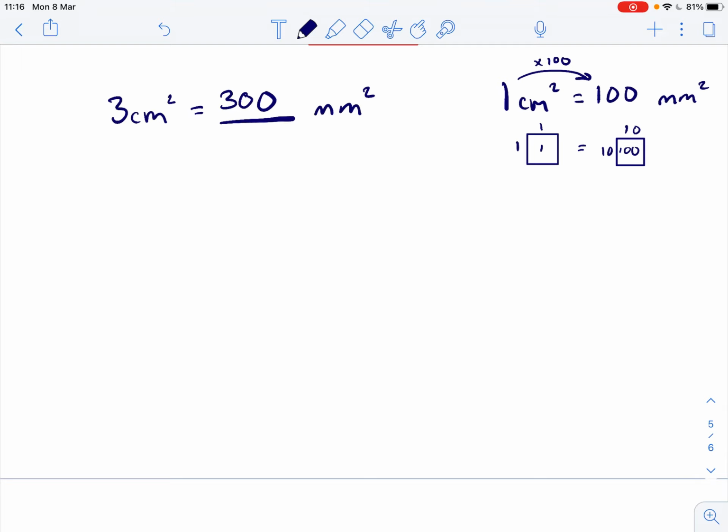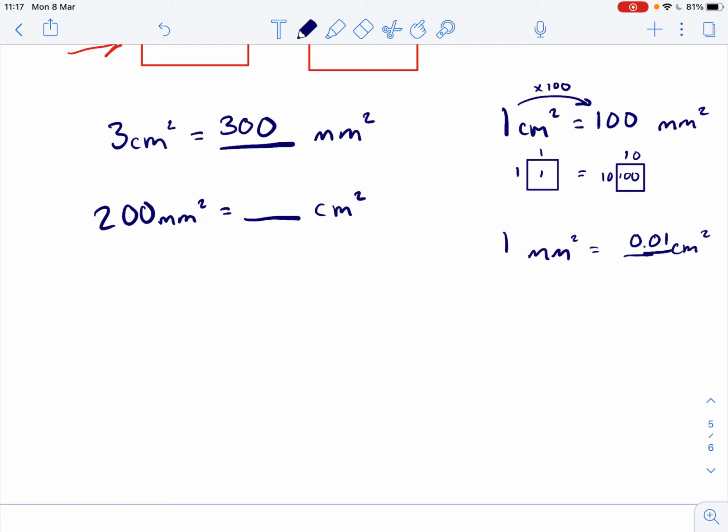Now let's go the other way. So 200 millimetres squared equals how many centimetres squared? Now, I wouldn't start off by thinking about 1 millimetre squared equals how many centimetres squared here, because this is actually 0.01 or something like that, which isn't a nice conversion.